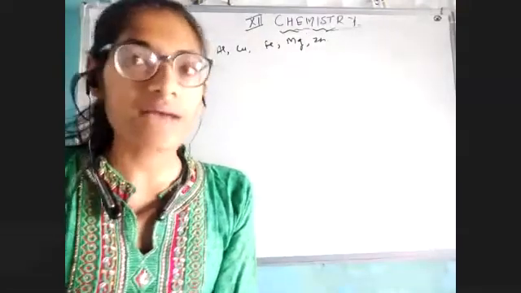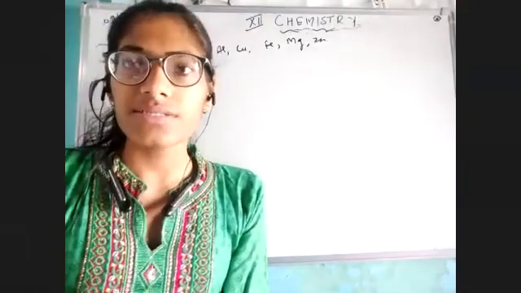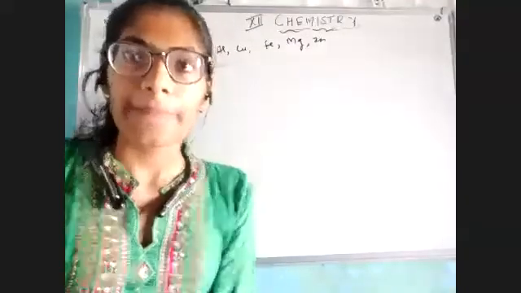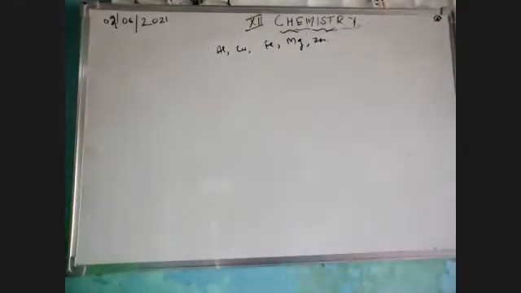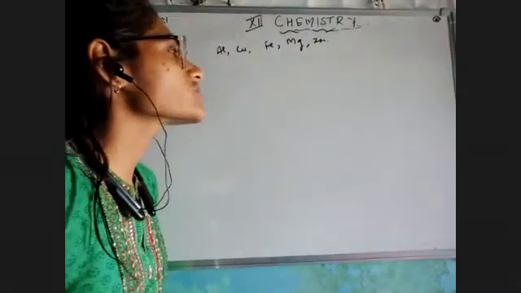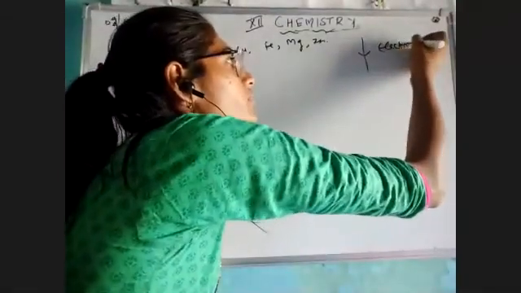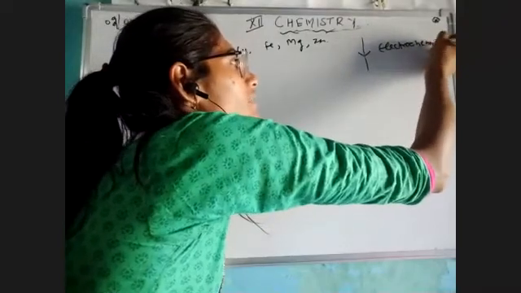That means it is a kind of displacement reaction. This is something we also studied in 10th class. But now we have done electrochemistry, so we can arrange them on the basis of the electrochemical series.